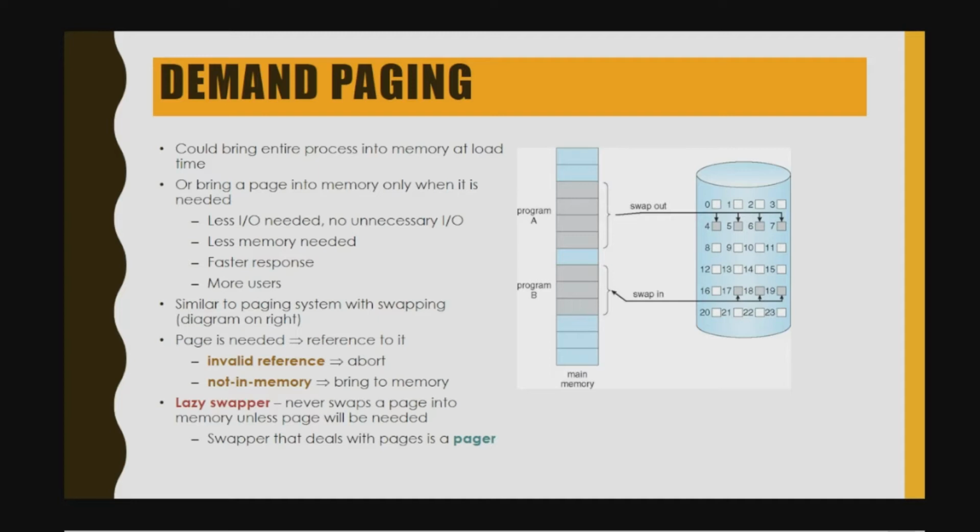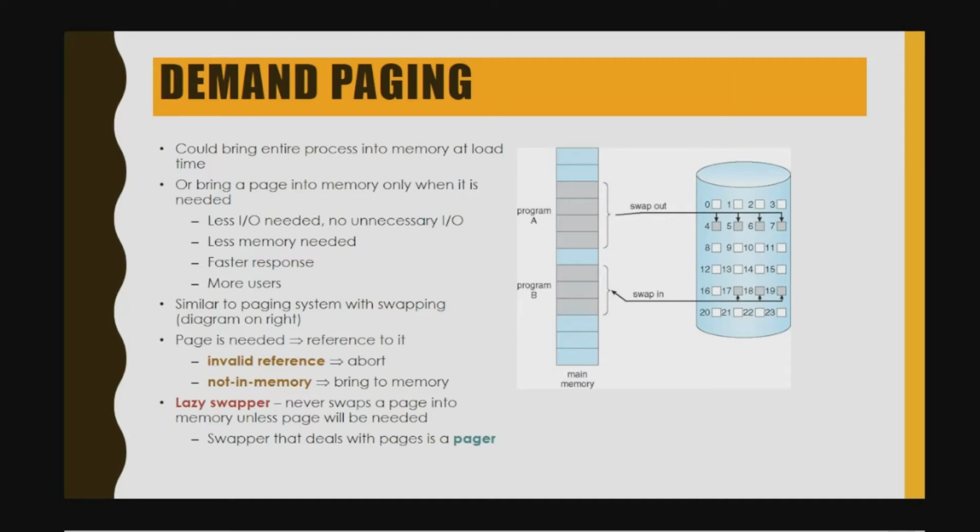Less memory is needed, because we reduce the loading of data from input and output, and we reduce the memory use of the computer. And then faster response and more users.